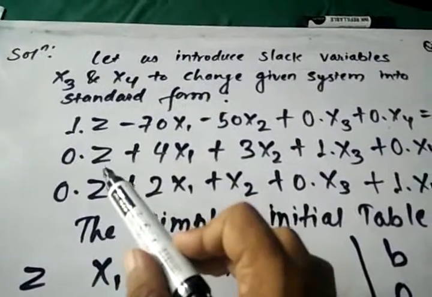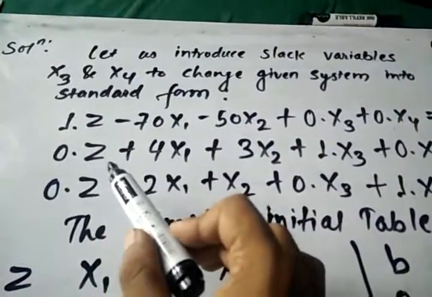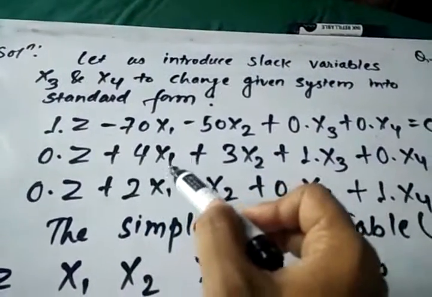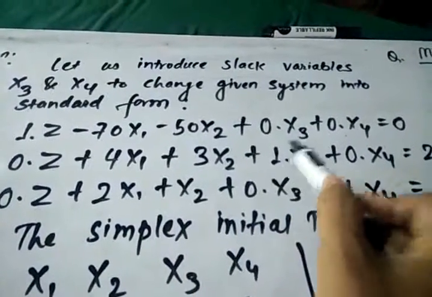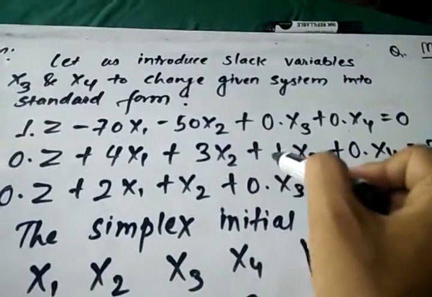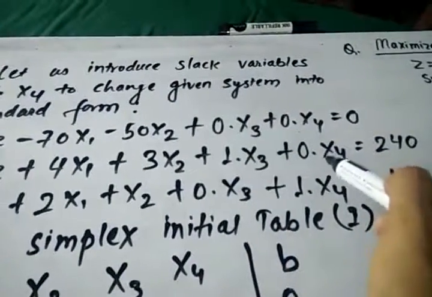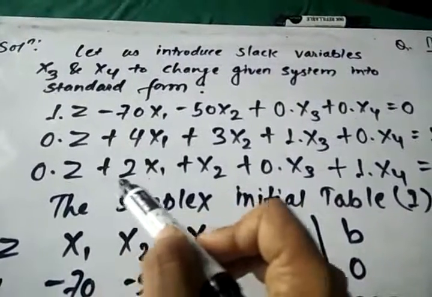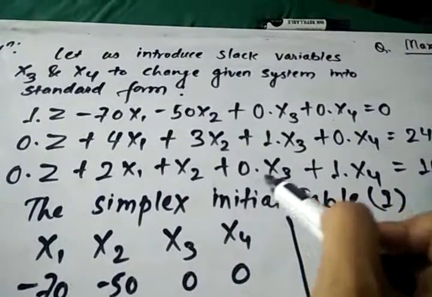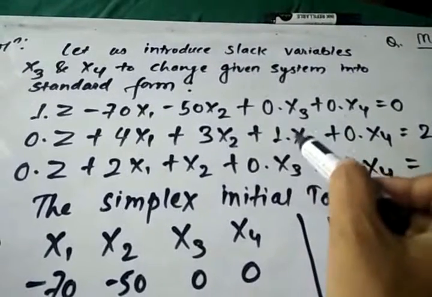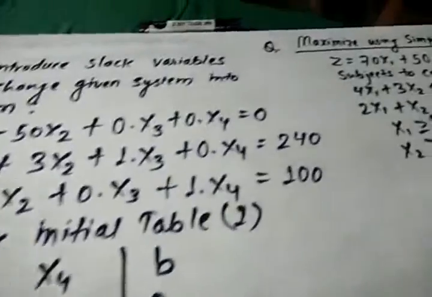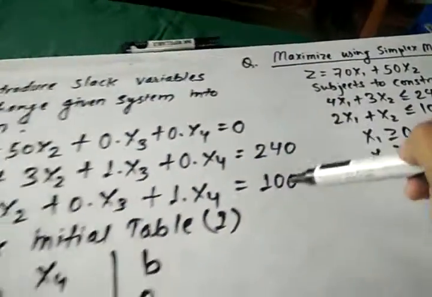Here 0 dot z, because there is no z in this equation, plus 4x1 plus 3x2 plus, now we have introduced a slack variable with coefficient one, plus 0 dot x4. Similarly in the third equation, 0 dot z plus 2x1 plus x2 plus 0 dot x3. Here x3 is used in the second equation, so now we will use x4 in the third equation.